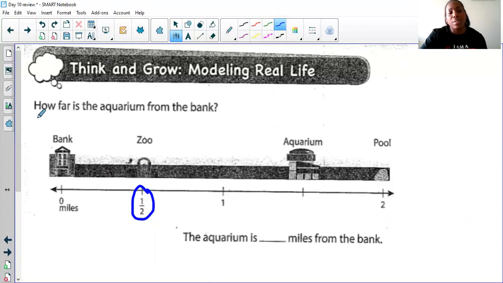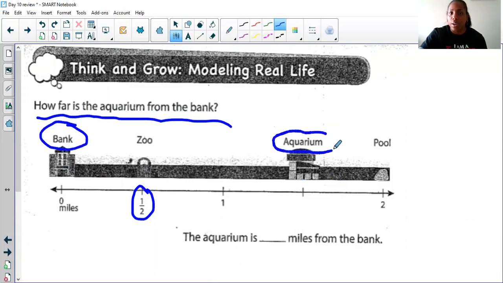Now, the question is asking, how far is the aquarium from the bank? So I see the bank is right here, and I see the aquarium is right here. So I have to locate where this aquarium is on the number line. So I have 0 halves, 1 half, 2 halves.